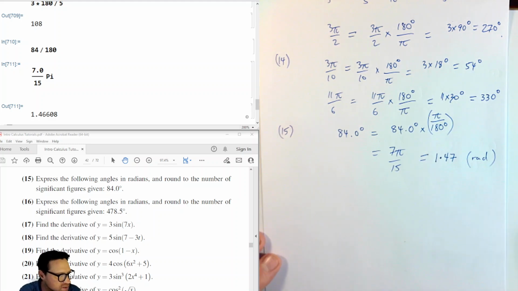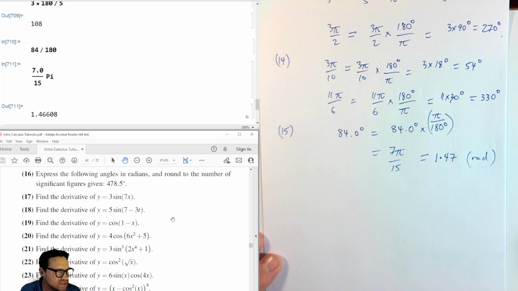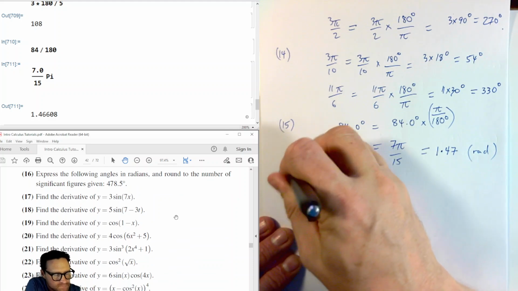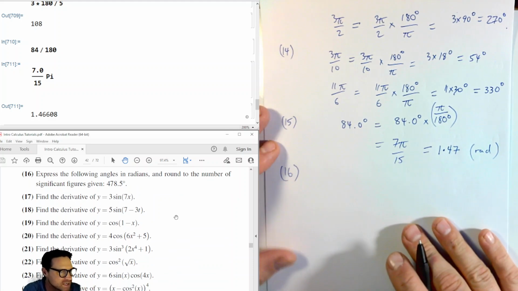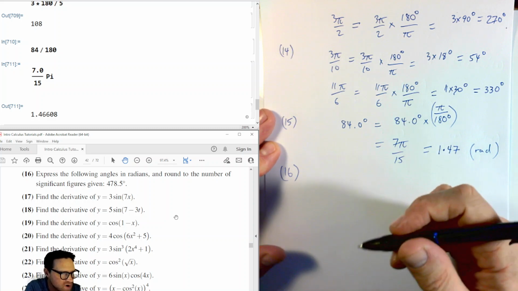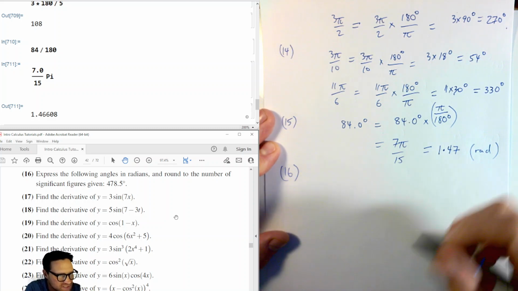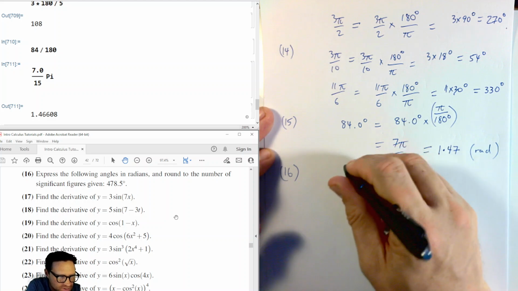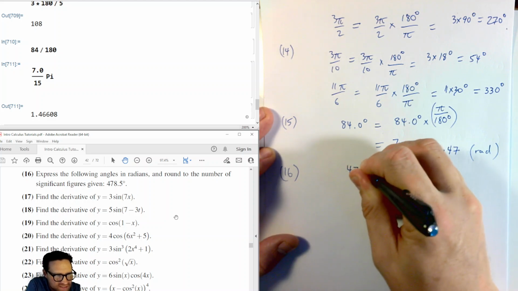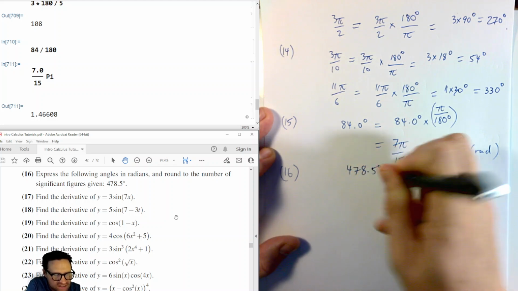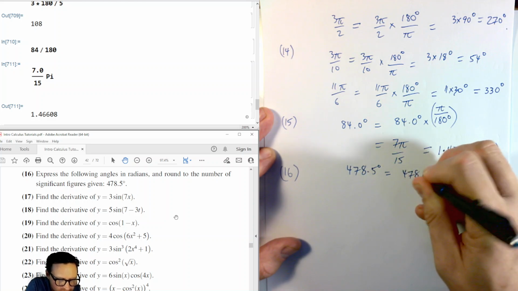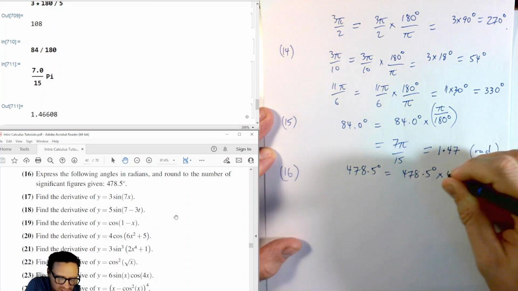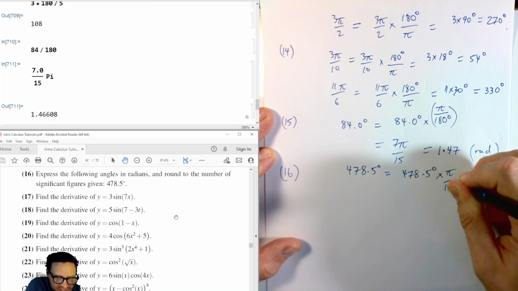Let's move on to question 16. Looks very similar. Express the following in radians, round to the number of significant figures given. So 478.5 degrees is equal to 478.5 degrees times π on 180 degrees.